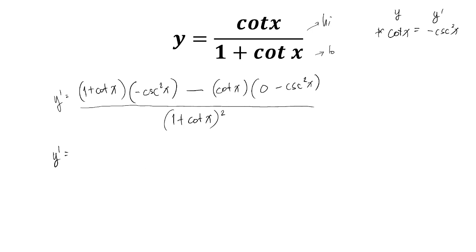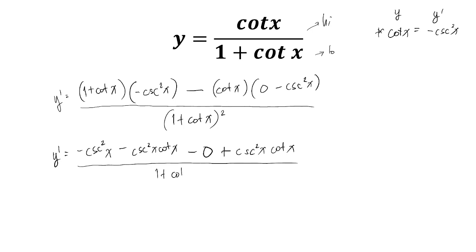Let's simplify further. That's negative cosecant squared x minus cosecant squared x cotangent x and minus 0. Then negative times negative, that's positive cosecant squared x cotangent x all over 1 plus cotangent x quantity squared.